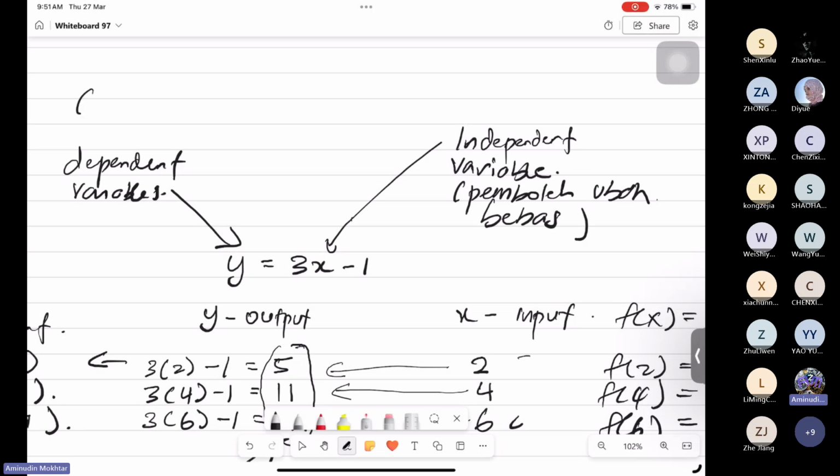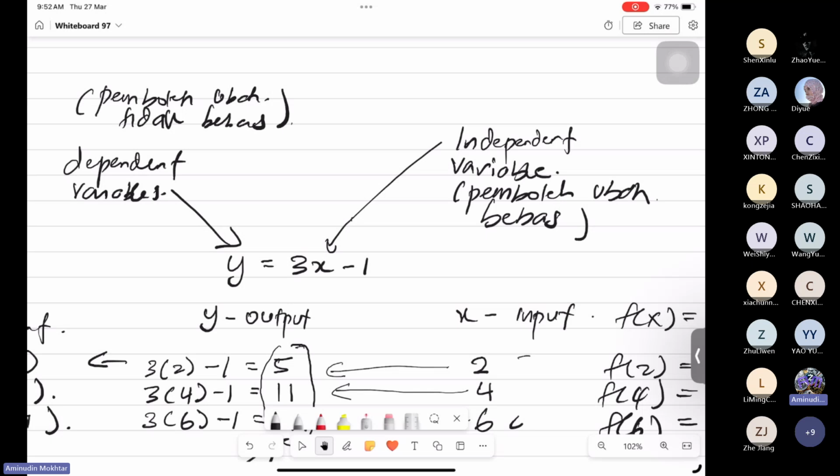Dependent variable in Bahasa we call it pemboleh ubah tidak bebas. Pemboleh ubah bebas and pemboleh ubah tidak bebas are the independent and dependent variables.